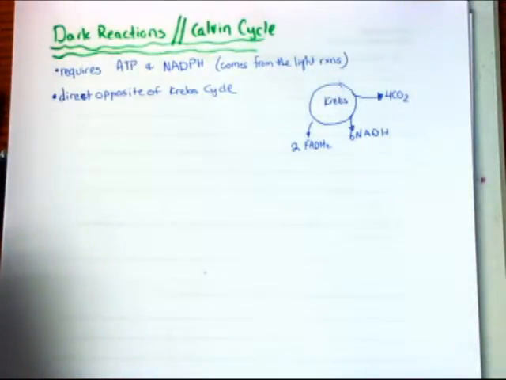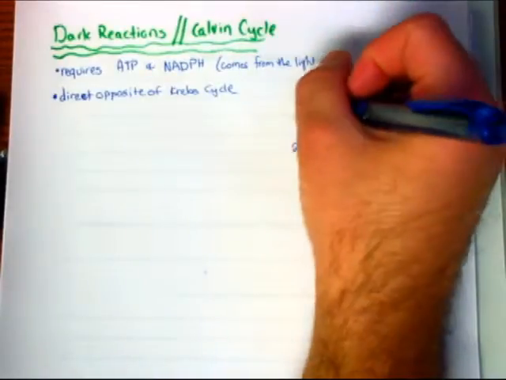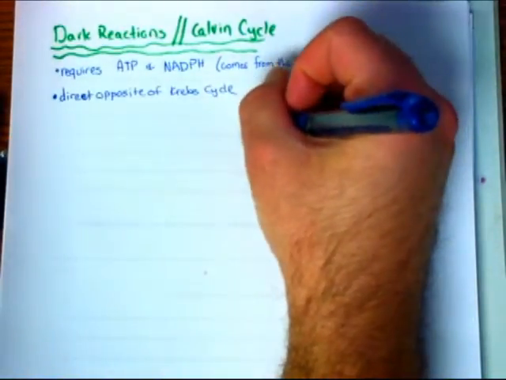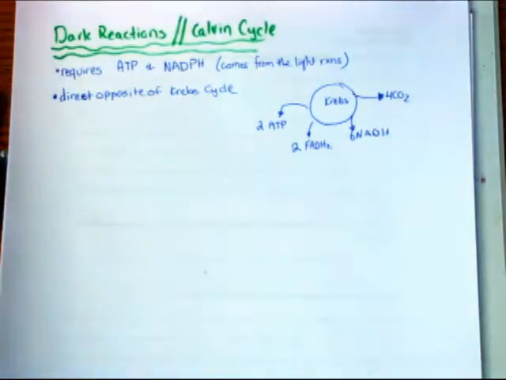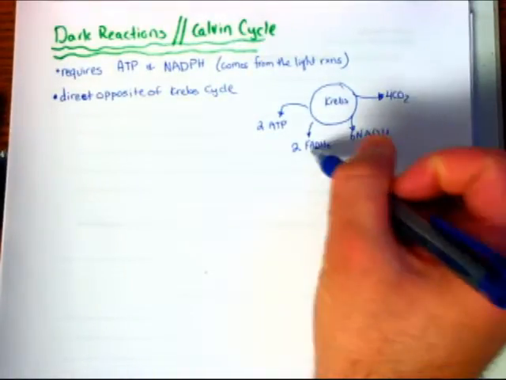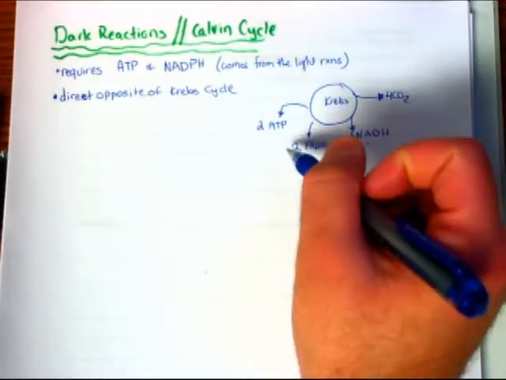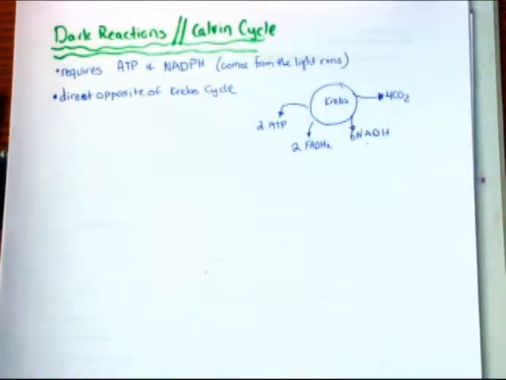What else do you produce? How many? You sure? It is 2. 2 ATP. Right? Okay. So you're producing CO2, some reducing power, some NADH and some ATP.